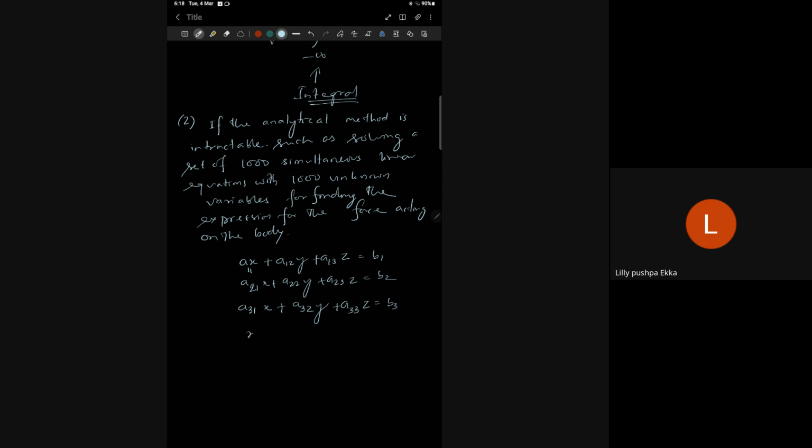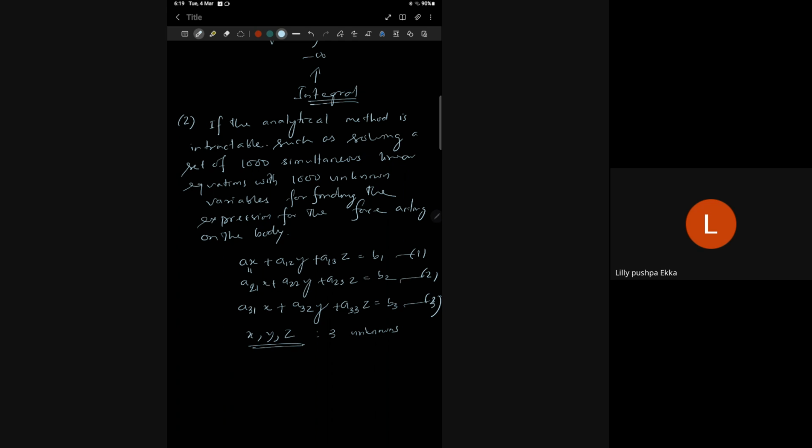So this has x, y, z, three unknowns, and three equations. So three linear simultaneous equations.